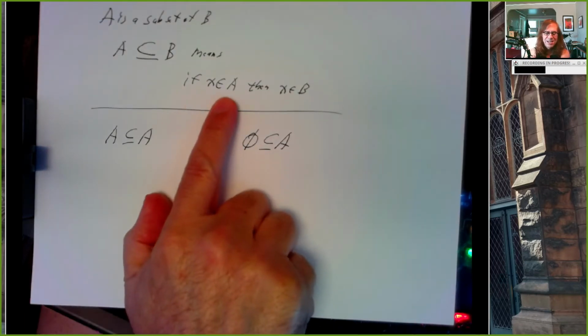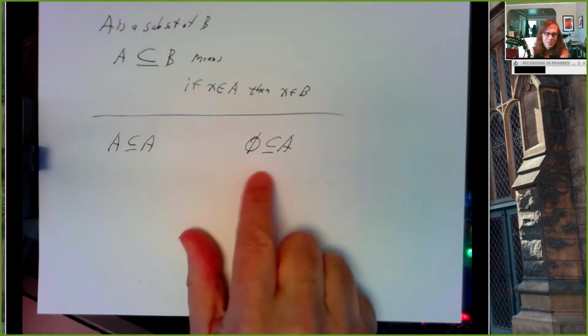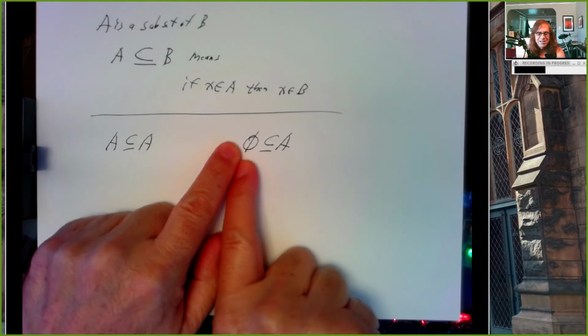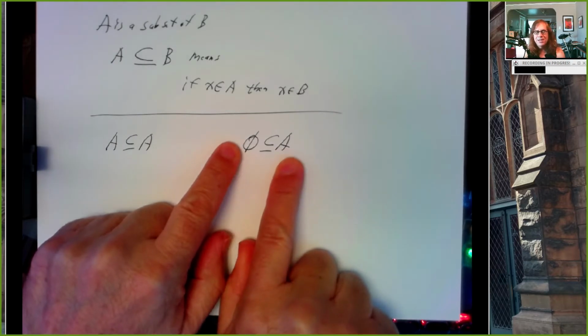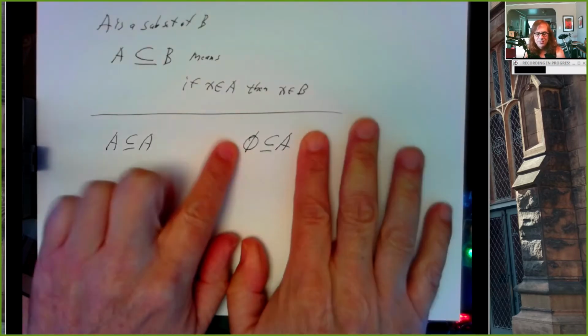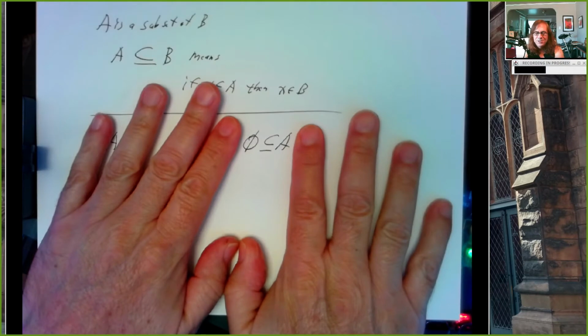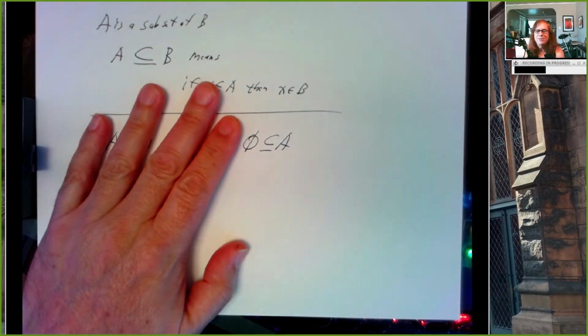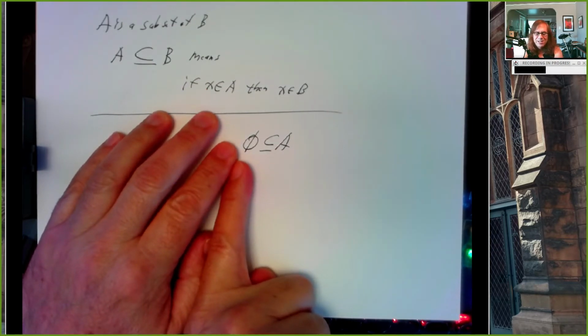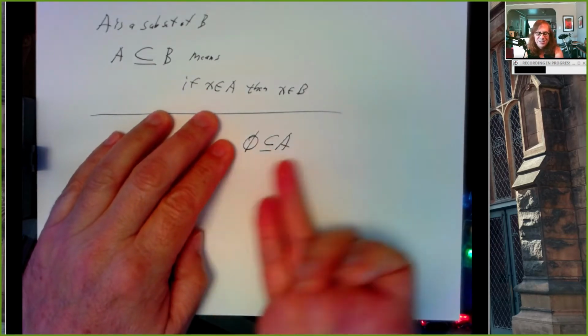If X is in A, then X is in B. So to say that this is a subset of A means if X is in the empty set, then it's also in A. Well, there's no X's in the empty set because it's empty. So this is actually considered to be a true statement. It's true in this sort of vacuous sense because there are no members of the empty set, so there's nothing in the empty set that's not in A.